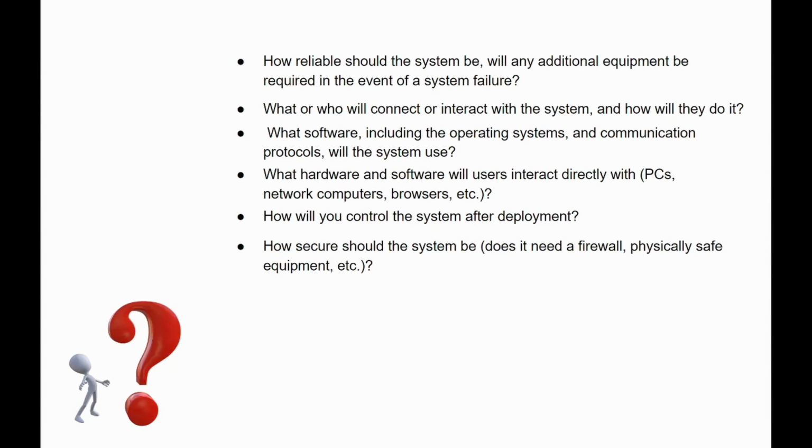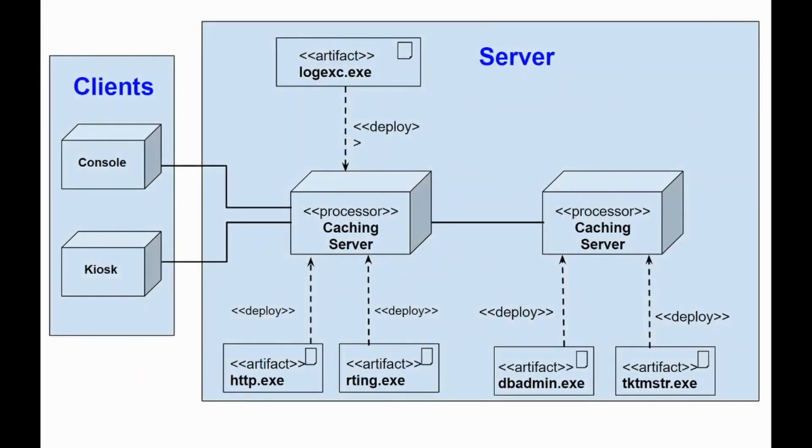What hardware and software will users interact directly with? PCs, network computers, browsers, etc. How will you control the system after deployment? How secure should the system be? Does it need a firewall, physically safe equipment, etc.? Answering these questions will save you a lot of time in the future and protect you and your team from unpleasant surprises during and after the deployment of the system.